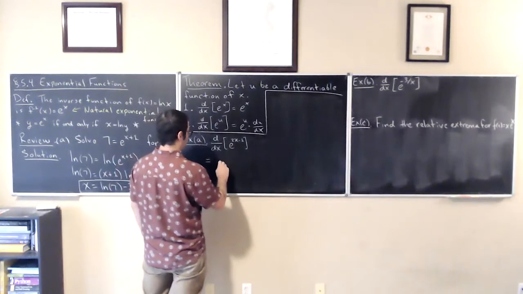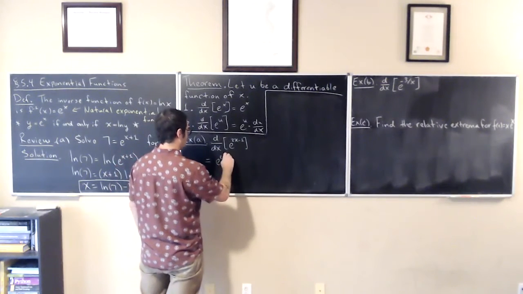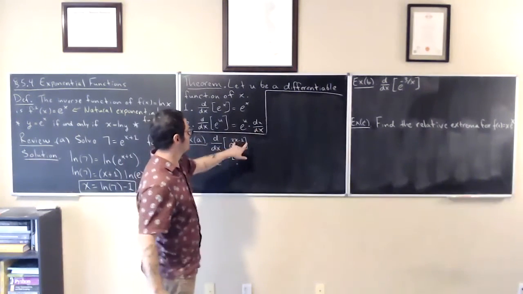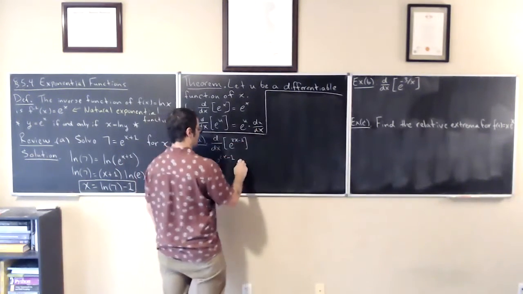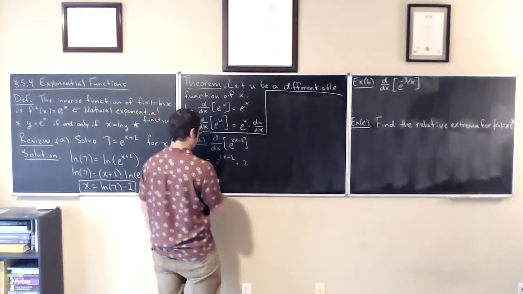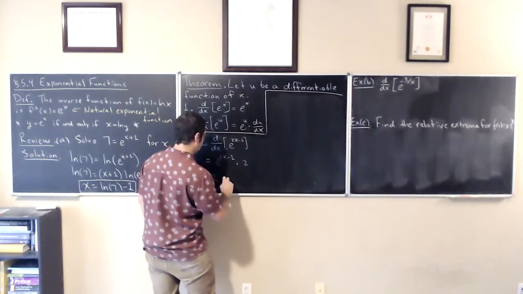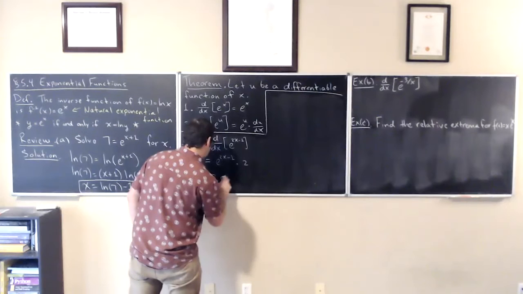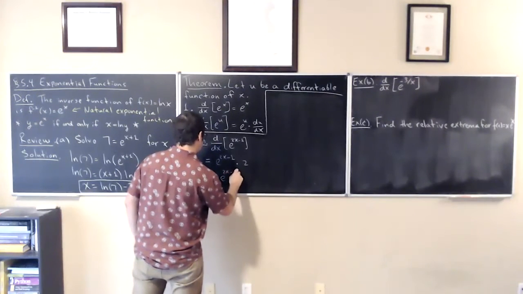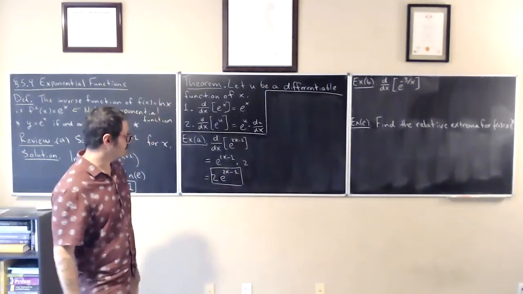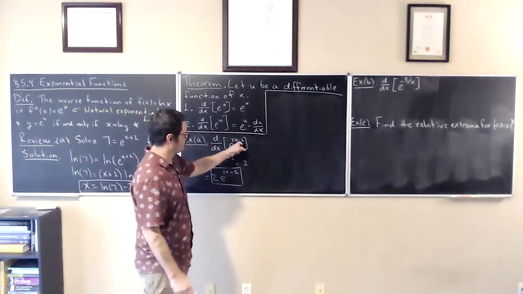It'll be e to the power 2x minus 1 times the derivative of u, which is just 2. So it's 2e to the 2x minus 1. That's pretty straightforward. You just have to treat that as your function of x.